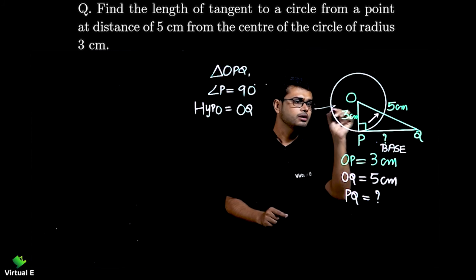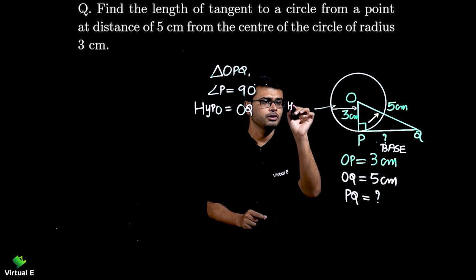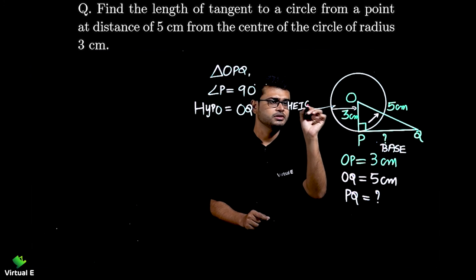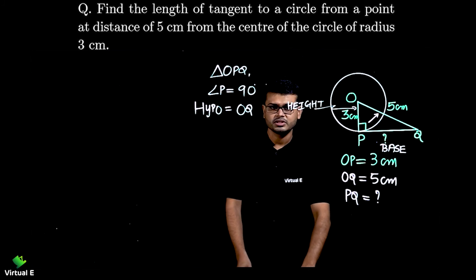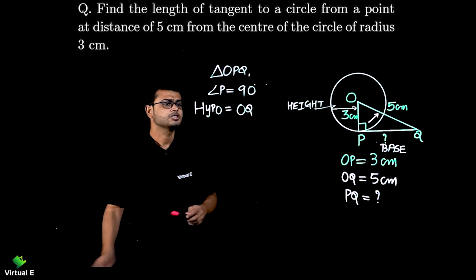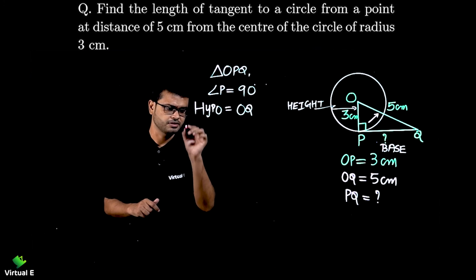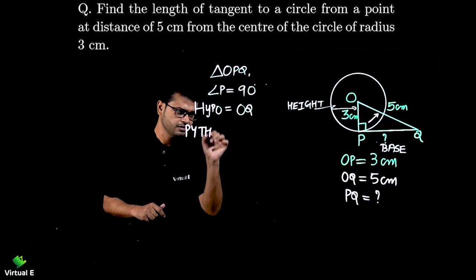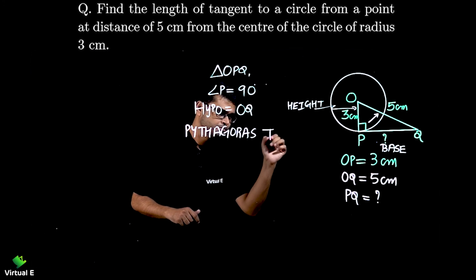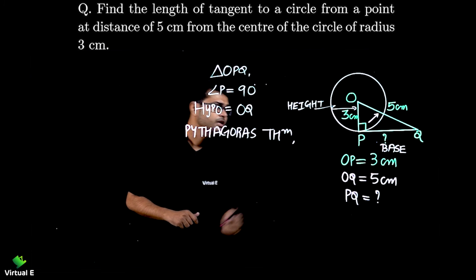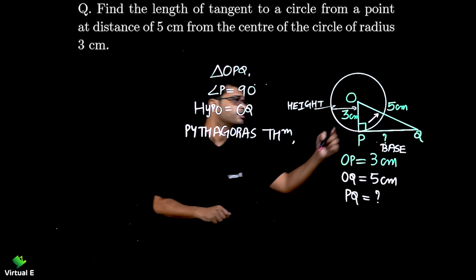And this will be your height, or you can say perpendicular. Now we are going to use Pythagoras theorem. Simple. So let's use Pythagoras theorem. Done. Now let's write the sentence for it.